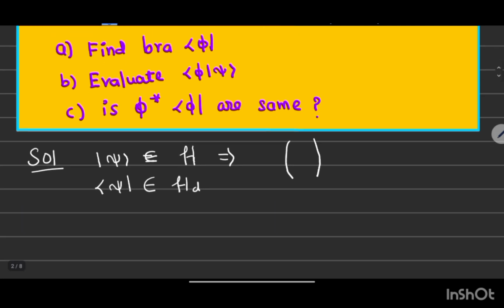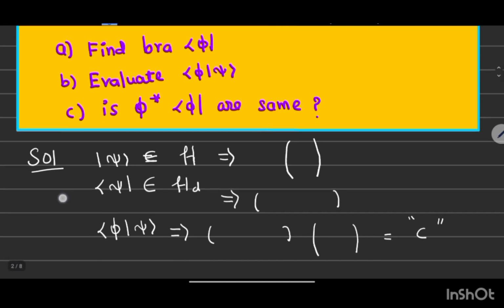And if the elements of Hilbert space are matrices, then the bra vector is nothing but a row matrix. And then the inner product between two vectors, psi and phi, is the product of a row matrix and a column matrix. This will give us a constant, a complex constant in general.